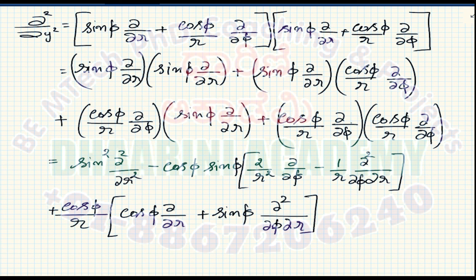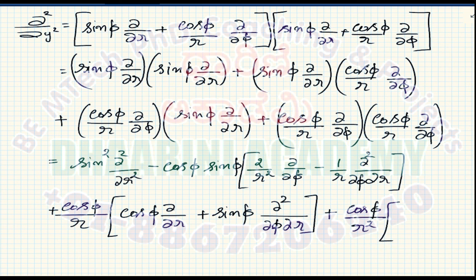And the last term, so differentiation happens with respect to phi, right? So cos phi by r, 1 by r squared. So cos phi becomes a, this is plus cos phi divided by r squared, which comes out.